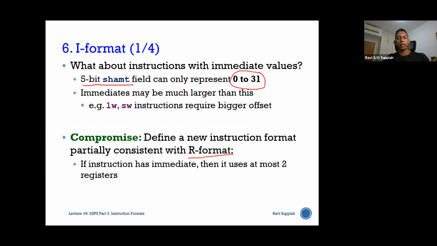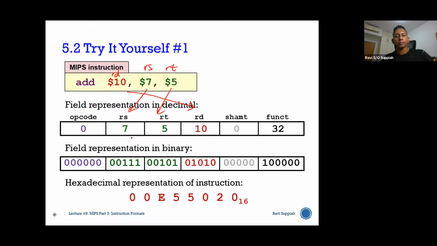If I come back here, you can see that when I want to do I-type instructions, I only need 2 registers and an immediate value. So how much space do I have? Since I only need opcode and 2 registers, I have all these bits available for me to use. The opcode is always there.